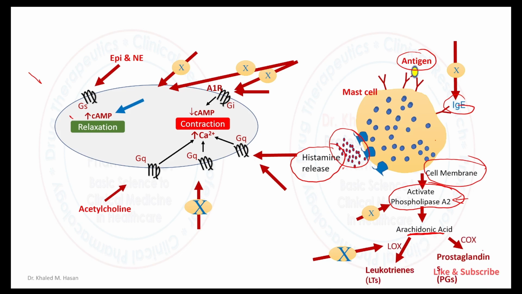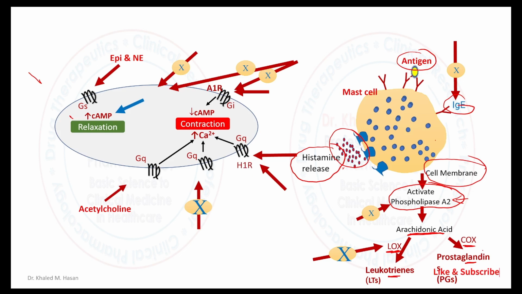Then we have activation of two pathways. Activation of cyclooxygenase leads to formation of prostaglandin. Activation of lipooxygenase leads to formation of leukotriene.